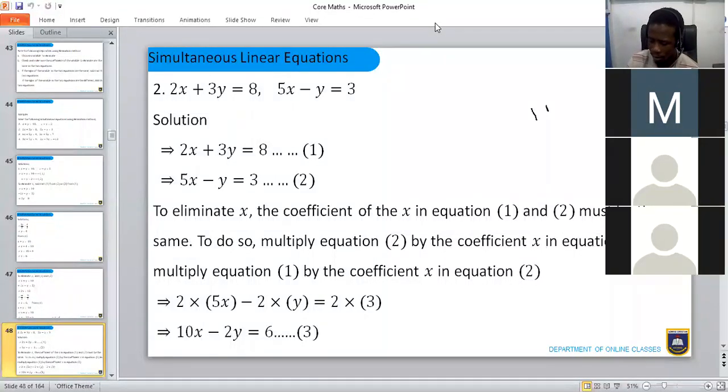So my question is, as we are finding for y in using the Come again. first Your line is breaking. coefficient to multiply the Your line is second breaking.